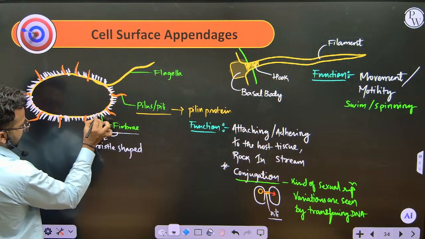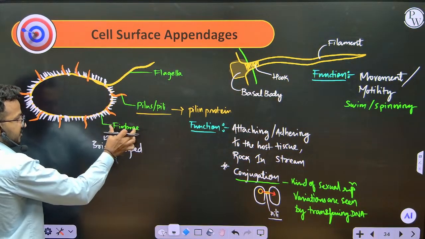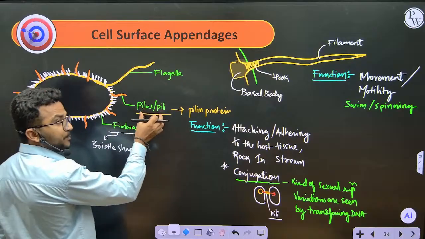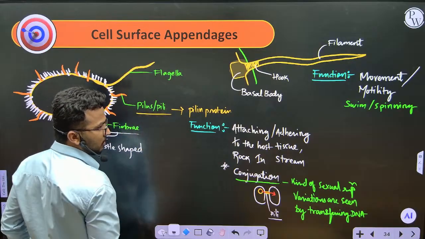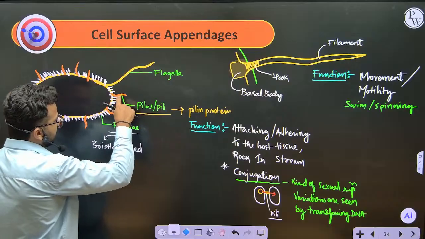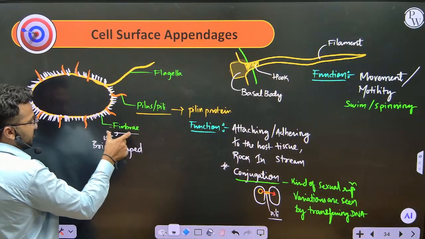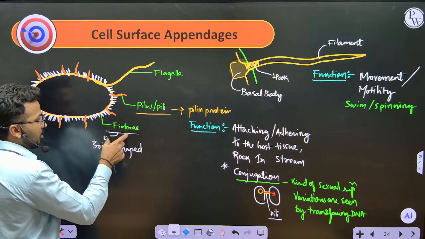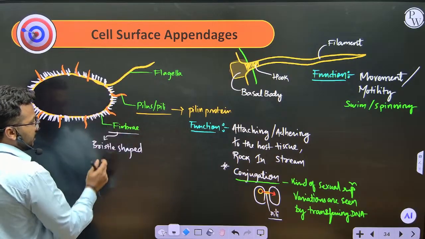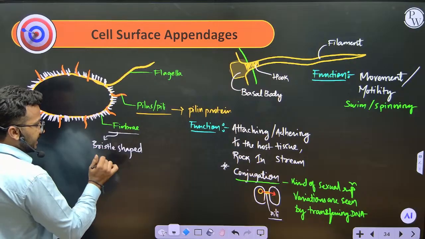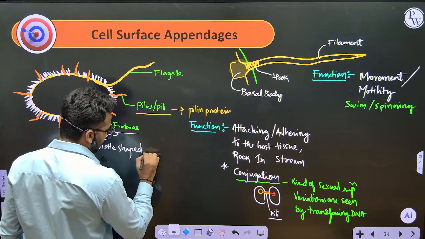So the difference between fimbriae and pili is that pilus or pili are somewhat long and fewer in number compared to the fimbriae. Fimbriae are more in number and short in length, and it is a bristle-shaped structure, as you see here.